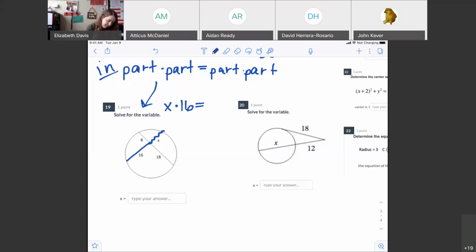Good, 8 times 18. So we know that x times 16 is 16x. What's 8 times 18? 144, thank you. So then to get x by itself, we'll divide by 16 on both sides.